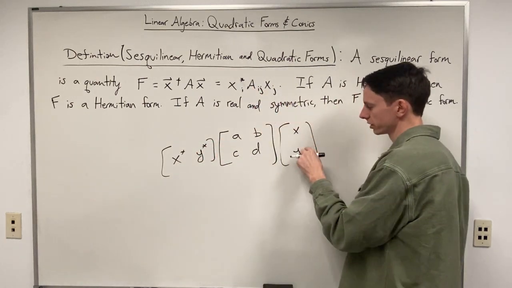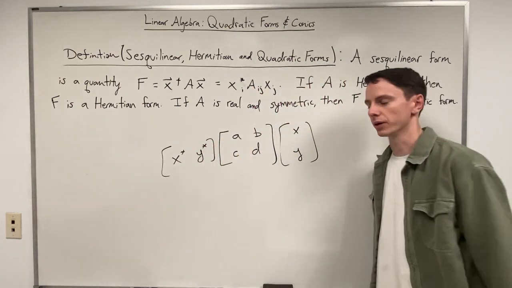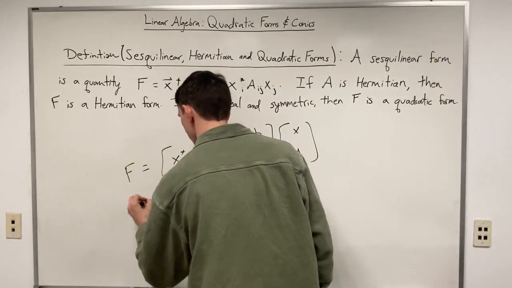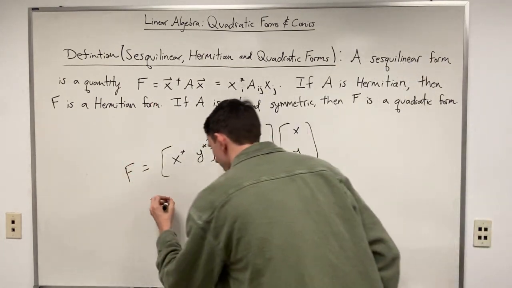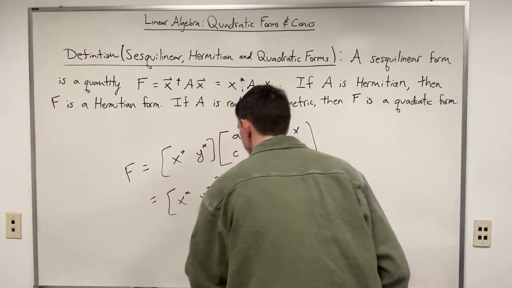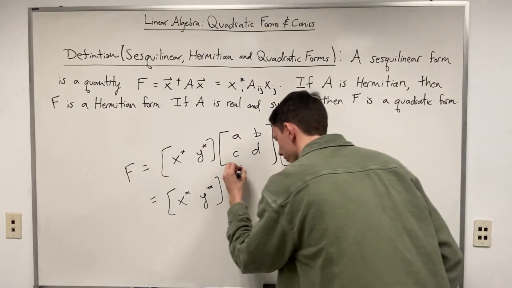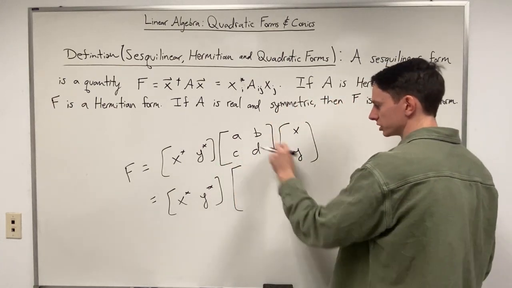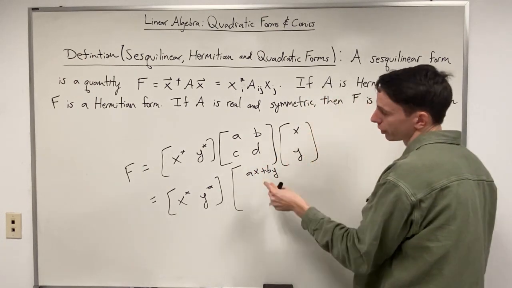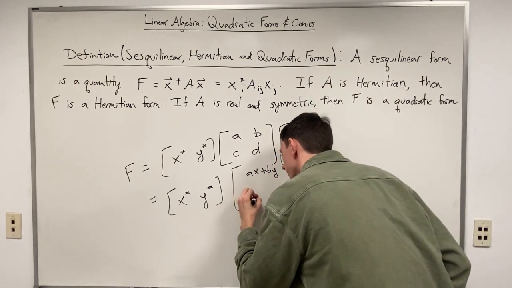Each of the components of this vector, we're going to take the complex conjugate of. And that's what f is equal to. If we apply the matrix vector product, we still have the row vector, x star, y star. And then the resulting vector from this quantity is going to be ax plus by for the top component. And the bottom component is cx plus dy.